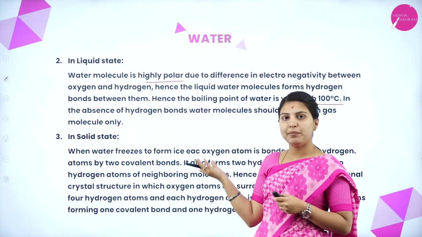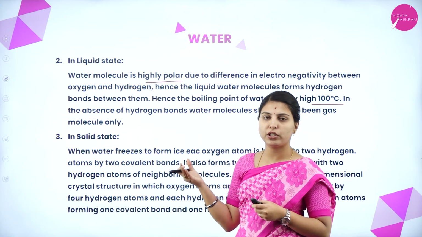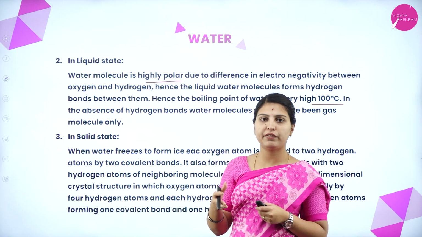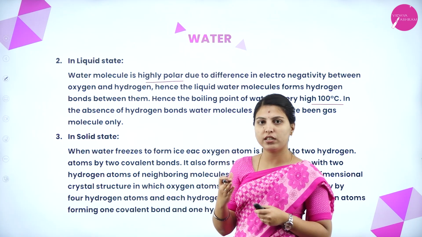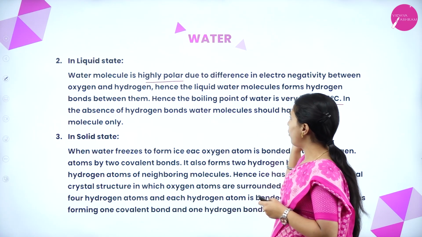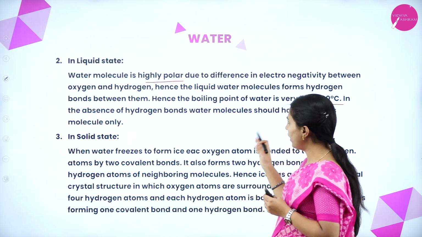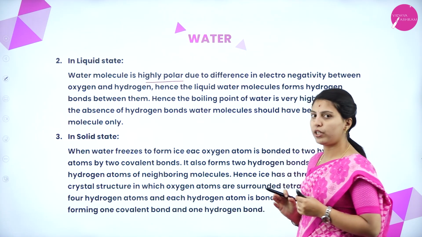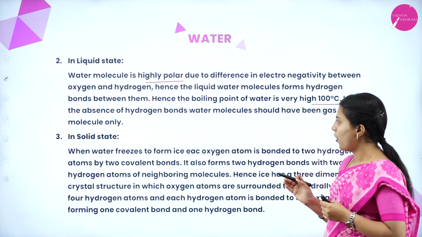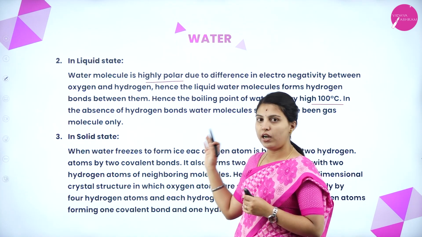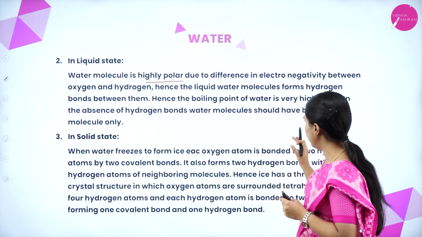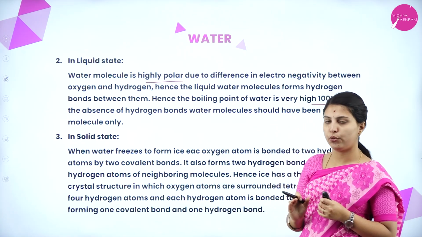We know that water is highly polar in nature, with a large electronegativity difference between hydrogen and oxygen. So what happens? It forms hydrogen bonds between them, and that's why the boiling point of water is 100 degrees Celsius. Whenever hydrogen bonds are absent, it will be in the gaseous state only.